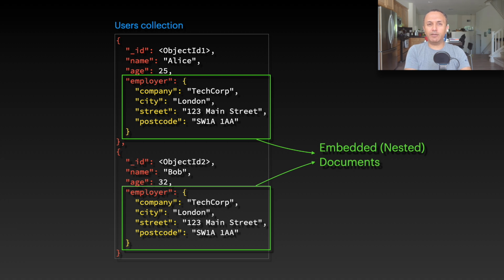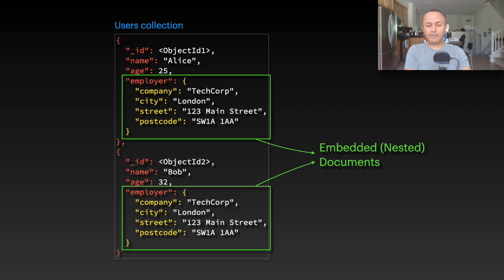If you want to update the employer, then you have to remember that there are multiple instances. You have to update all of them, or if you don't, then you might forget, and then you'll have inconsistency. If you delete all the users, then there's nothing referring to that company anymore. So all these problems happen in this way of organizing the data. But again, the benefit here is that if you know that you always want this information together, then organizing it in this way gives you the best performance.